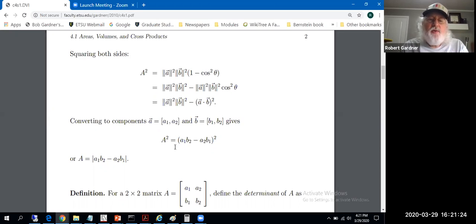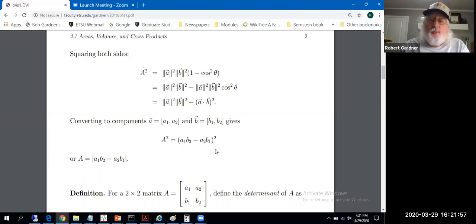We'll get the area squared is the quantity A1 B2 minus A2 B1, quantity squared. If we take square roots of both sides, the square root of A squared is the absolute value of A, but it's an area, so it's not negative, and I don't need the absolute values there. Take the square root of the right-hand side, A1 B2 minus A2 B1, quantity squared.